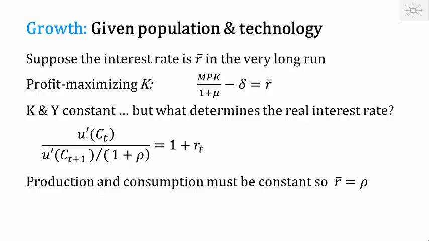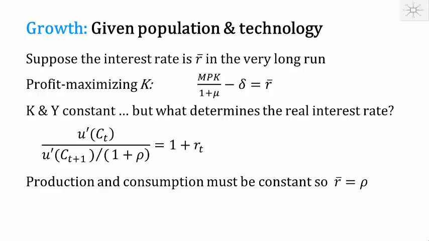So we immediately see that the capital stock should in the long run go to some equilibrium level for that interest rate. But what about the interest rate? If the capital stock and production are constant, then consumption must also be constant. Consumption cannot be growing in this situation. Then we can use the first order condition for consumption to figure out what the real interest rate will be.